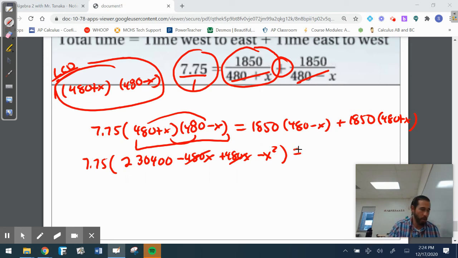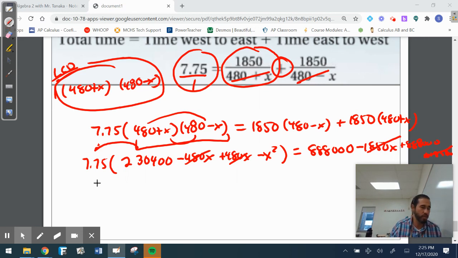And then if I keep on going here, I got to do 1850 times 480. And that gives me, oh snap, 888,000 minus 1850x. And then I get plus that same 888,000, but this time I get plus 1850x, which, those guys go away. But now I got to distribute. Holy moly, calculator time. 230,400.